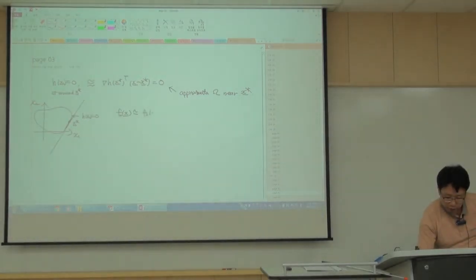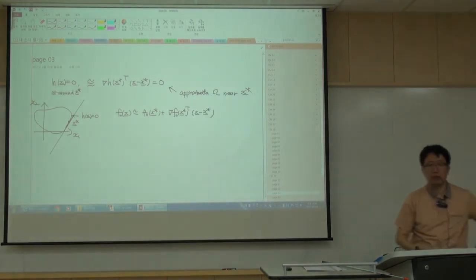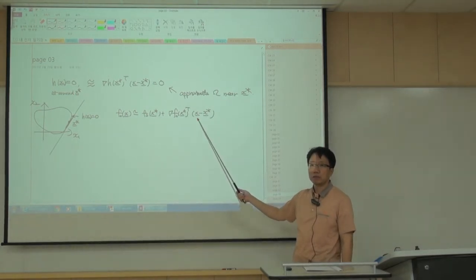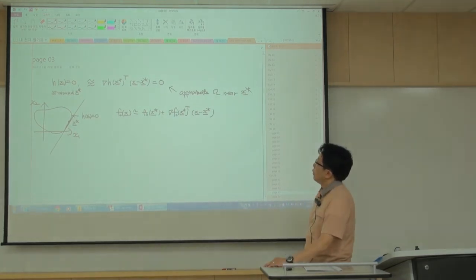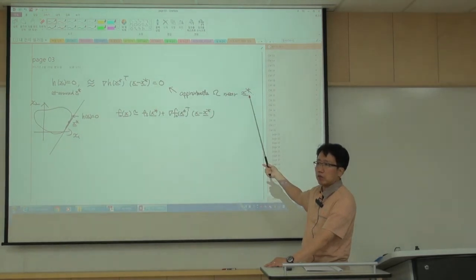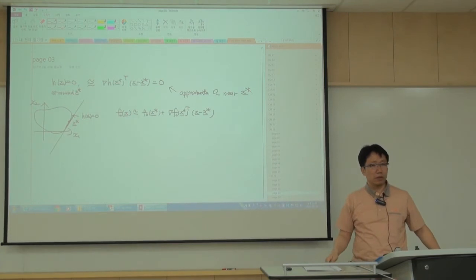We've seen that this is the approximation. Am I right? The first order approximation of the objective function. Now, we assume that x star is a local extremizer. What does that mean? Local extremizer. What does that mean?